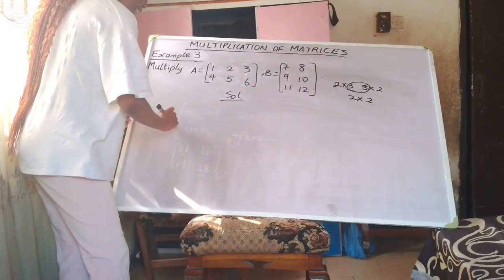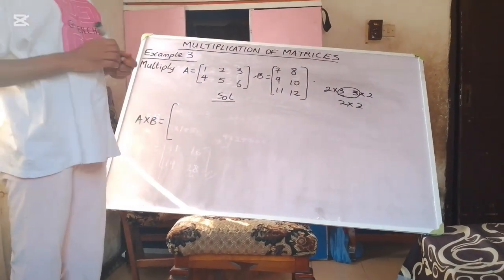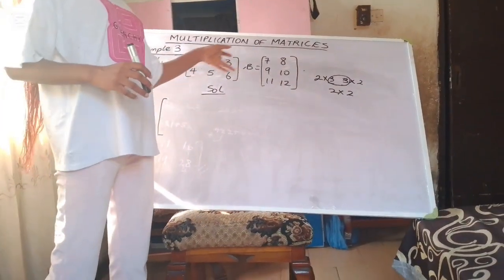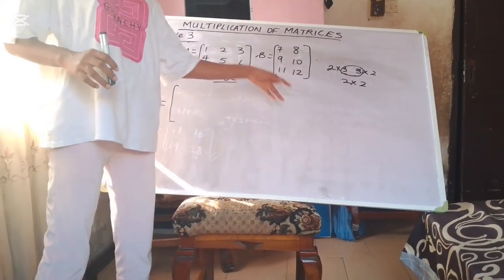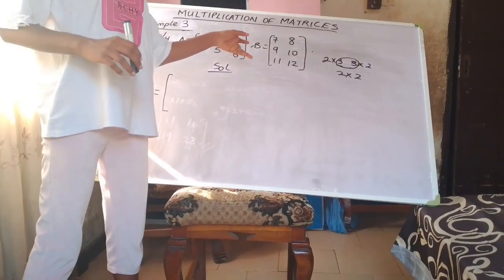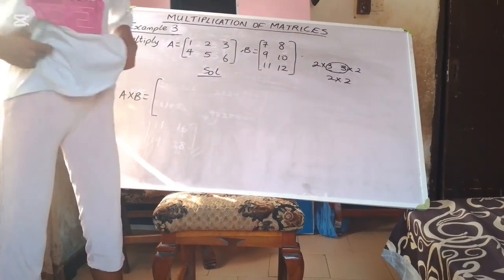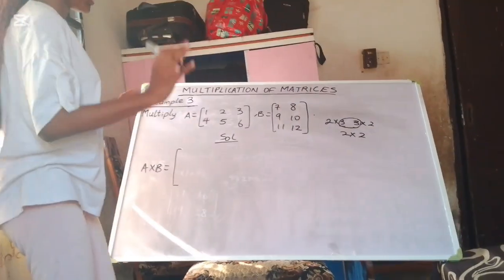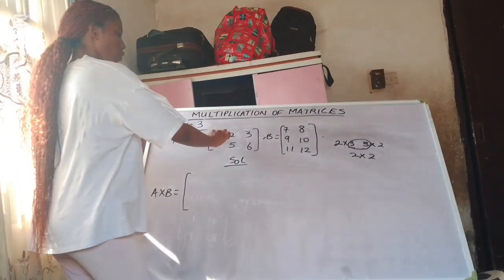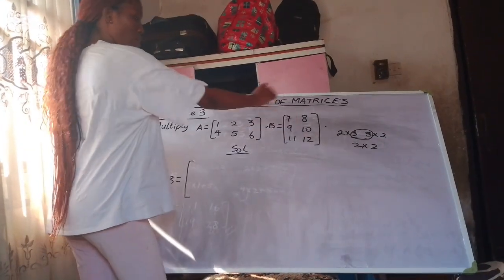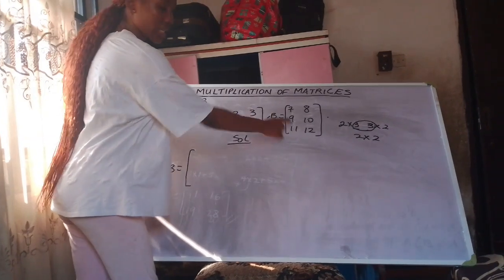Now, like I said earlier, the way you multiply matrices, you do it row multiplying column. So we're going to be doing first row in A, multiplying first column in B, then second column. Then we'll do second row in A, multiplying first column in B, then second column, and so forth. Let's do the first row in A, multiplying first column in B. So you are doing 1 times 7 plus 2 times 9 plus 3 times 11.